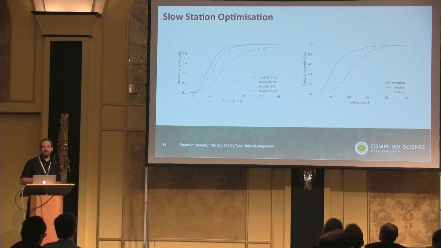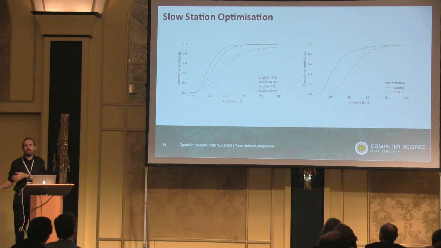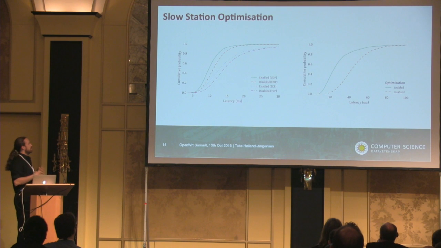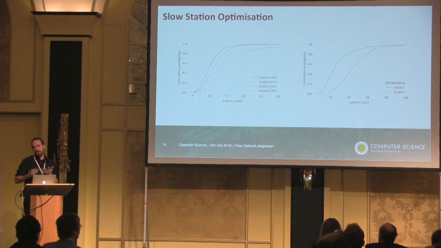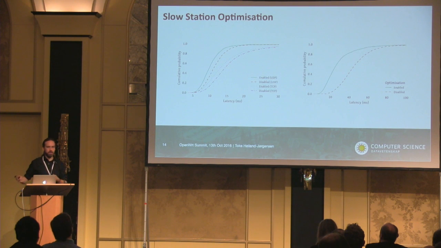So this is a way of transferring the same sort of micro optimization, and it's nice because you don't have to configure which station should get priority. It just happens automatically if a station doesn't transmit as much, and that is nice if you, for example, have your handset that only has a VoIP call while you're downloading on your laptop.